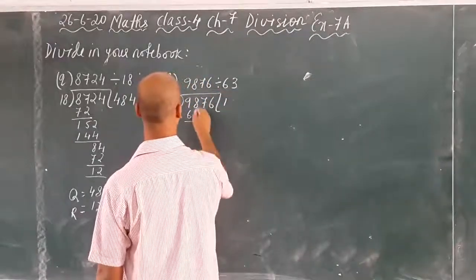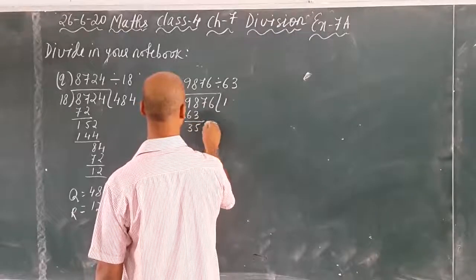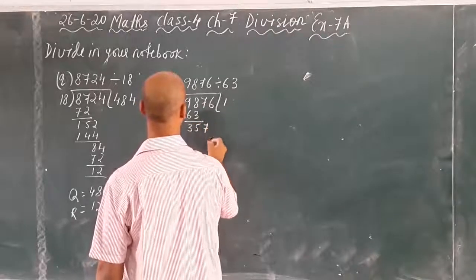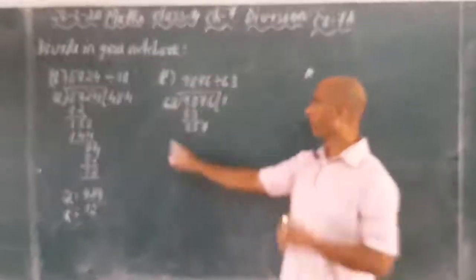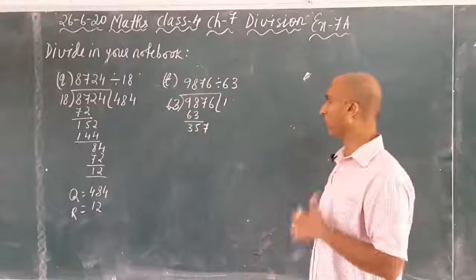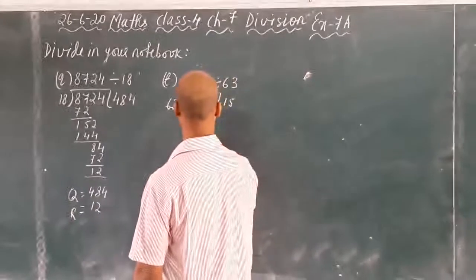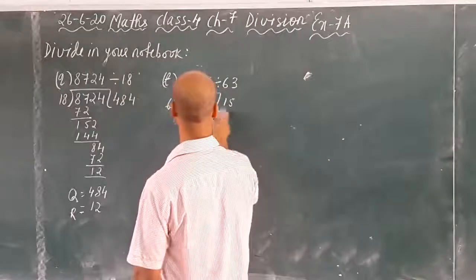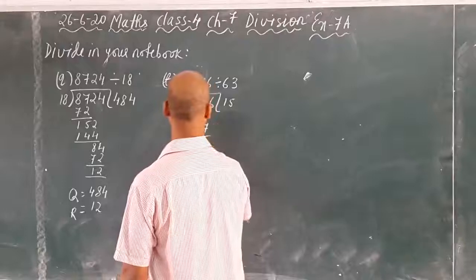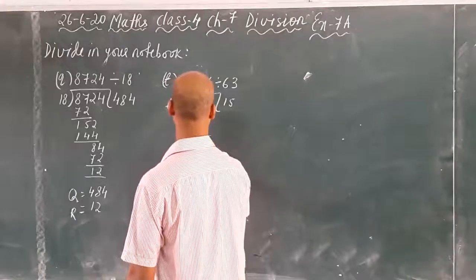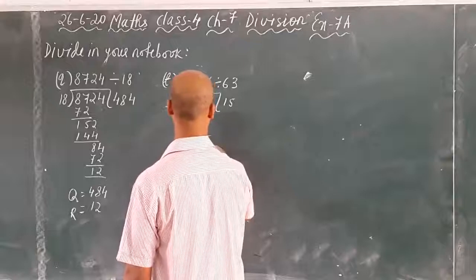From 8 subtract 3, 5, from 9 subtract 6, 3, bring down 7. So 357. Now 63, it can go 5 times. 5 3s are 15, carry 1. 5 6s are 30 plus 1, 31. From 7 subtract 5, 2. From 5 subtract 1, 4. Bring down 6.